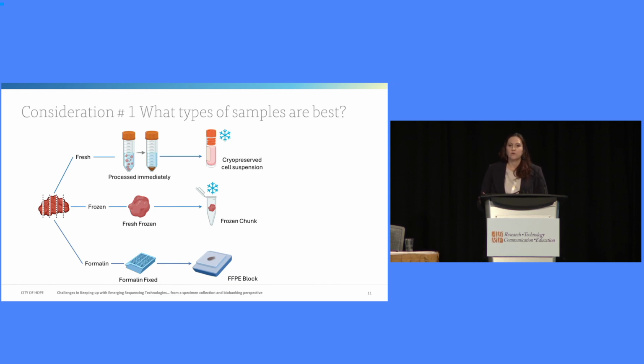FFPE is great for studying cell interactions, and you can do spatial transcriptomics, but it's not very good for doing DNA and RNA sequencing all the time if you're looking at traditional next-generation sequencing. Frozen samples are better for bulk DNA and RNA quality, but you're not going to be able to study unique populations of cells within your samples.